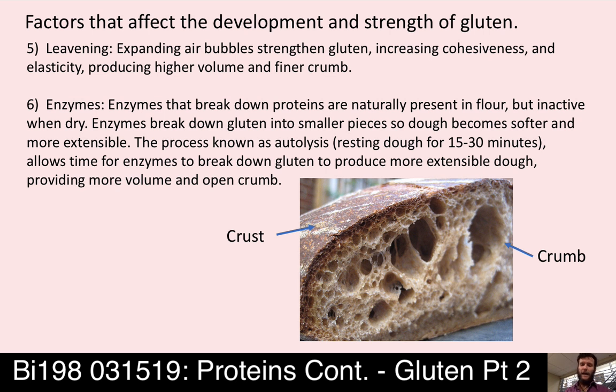And that expansion of the dough is almost like kneading. It stretches the dough, it strengthens the gluten as the dough rises. The presence of different enzymes in the dough also has an effect on the strength of the gluten.